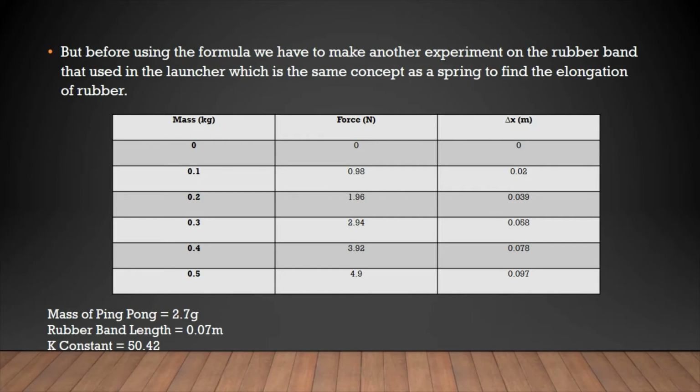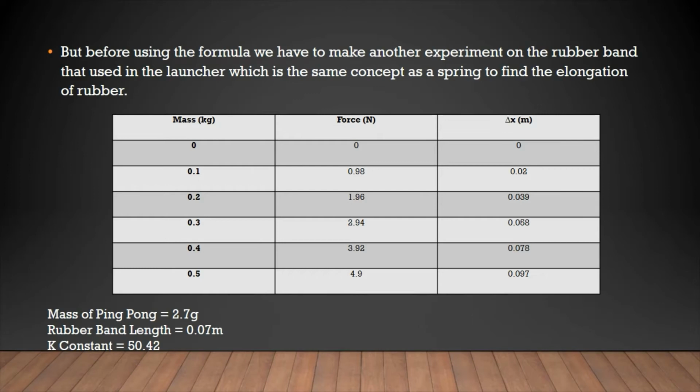So we have to make a table. The table we must divide into 3 columns: mass, force, and delta X, the change in position. Then we put the mass starting from 0 until 0.5, which means every single row we add 0.1 kilogram.